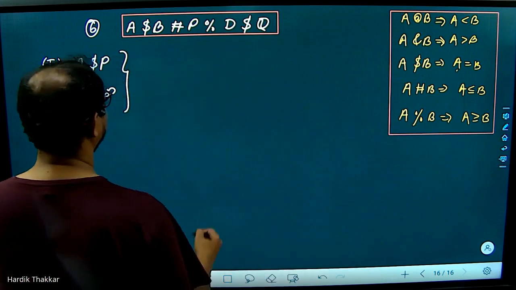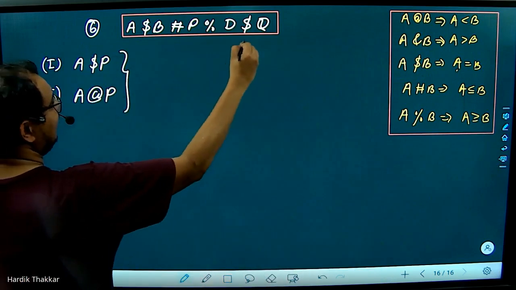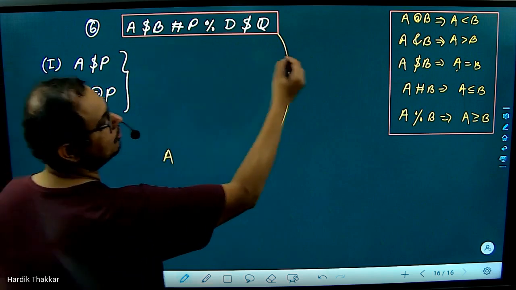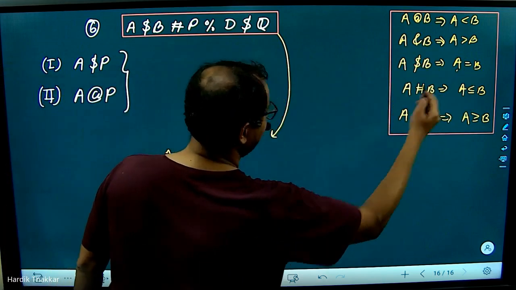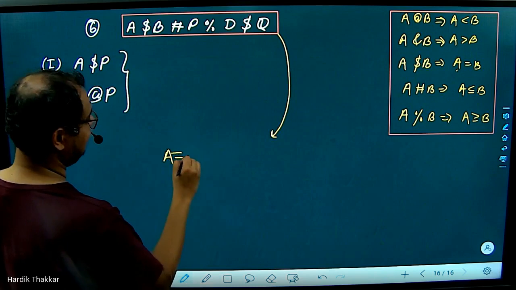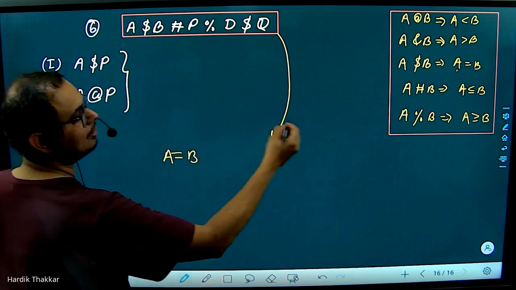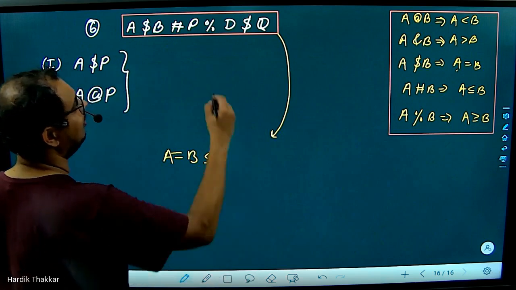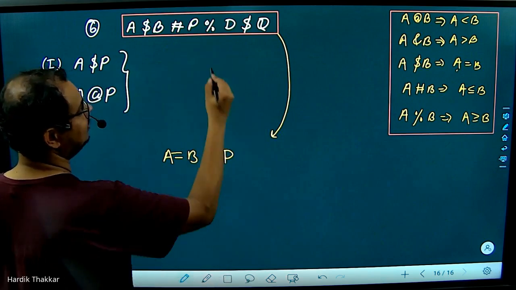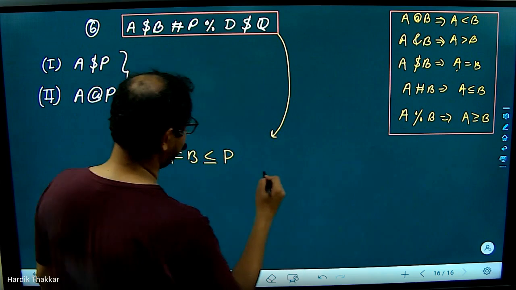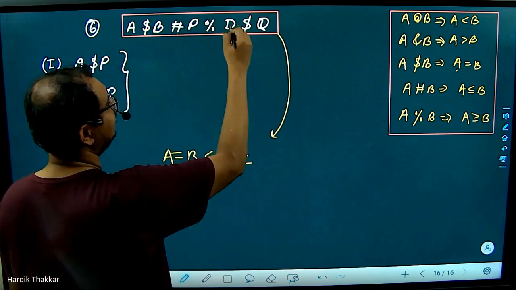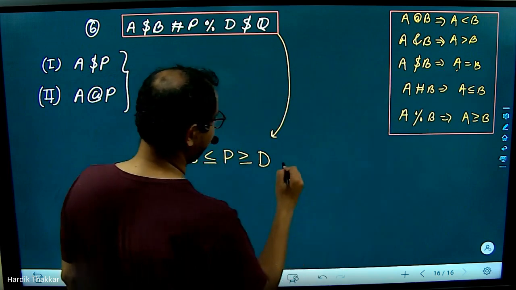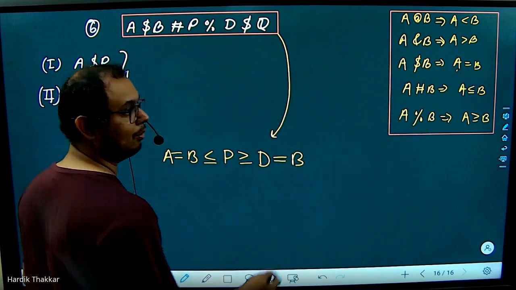So the statement will be like this. Instead of the dollar, we will write equals to. So A is equal to B. Instead of this hash, we will apply less than or equal to, so B is less than or equal to P. Instead of percentage, we will apply greater than or equal to, so P is greater than or equal to D. And instead of this dollar, again we will apply equal to, so D is equal to Q.